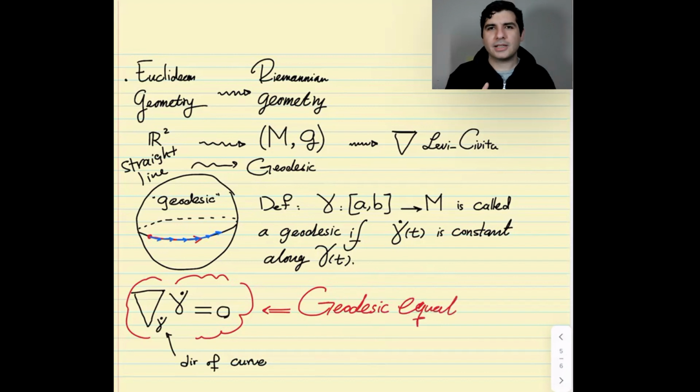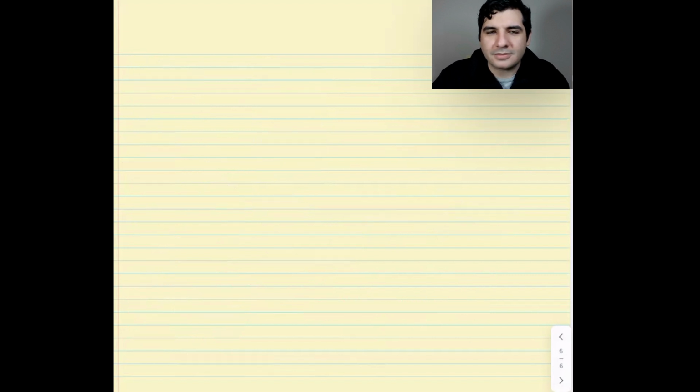So look at this equation a bit. This is the essential equation: gamma is a geodesic if the derivative of gamma dot in the direction of gamma dot vanishes. Okay. Just a quick lemma, this is not very hard to see.